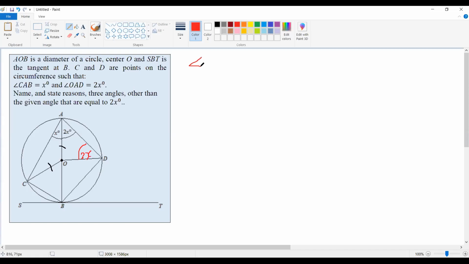So angle ODA is equal to 2x. Next, we are required to find angle DBT. And DBT is how much? That's this angle here.